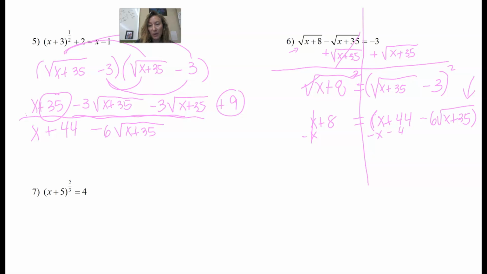When I subtract the 44, I get negative 36 is equal to negative 6 rad x plus 35. That's negative 6 times the radical, so now I divide both sides by negative 6, and I get positive 6 is equal to rad x plus 35.